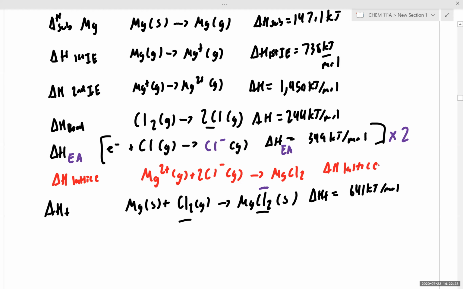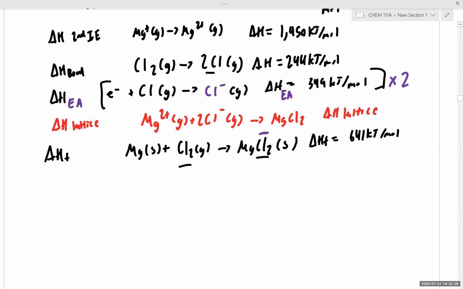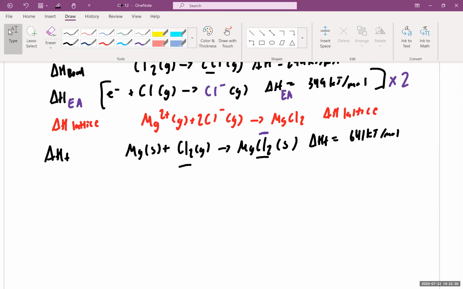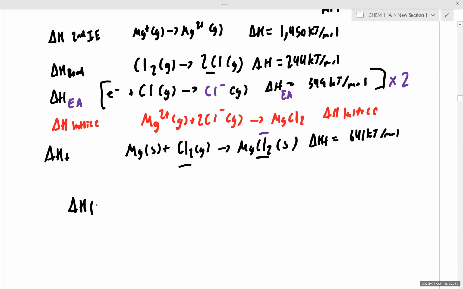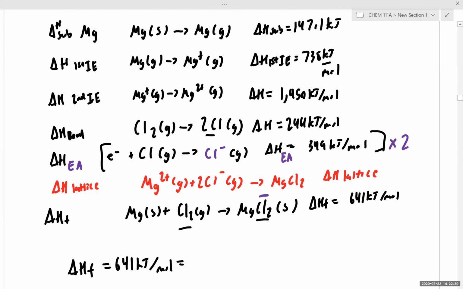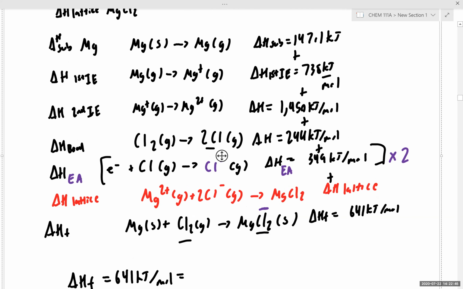So what we're going to do now is add up all of our enthalpies, and that gives us the following equation. The enthalpy of formation, which is equal to 641 kilojoules per mole, is equal to, and now we're going to add all of our enthalpies together. So let's add that together right now.